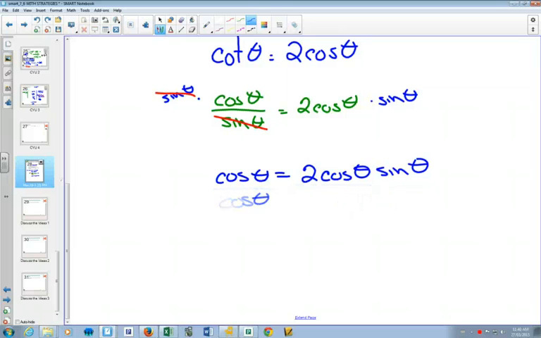The problem with that is that you're eliminating a solution. Because can you see, just looking at this, that if cos is 0, you would get 0 equals 0? But if I divide by cos to get rid of it, I might be dividing by 0, which is bad.